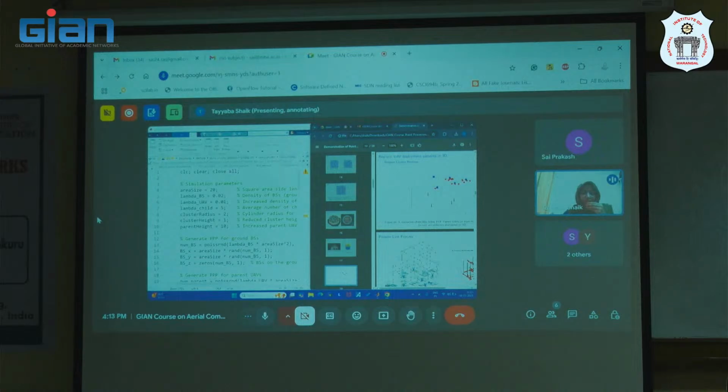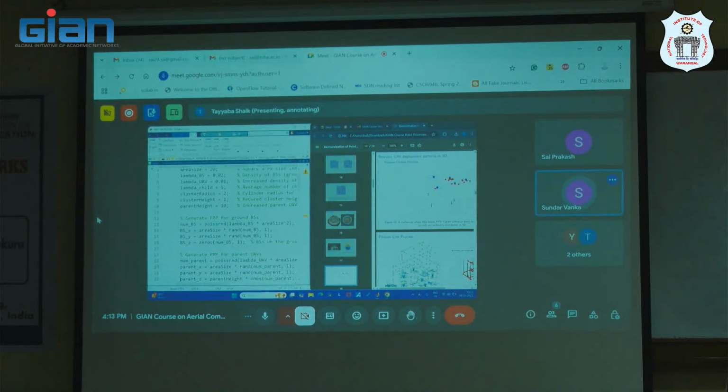We can determine the cluster radius, cluster height, and parent height. All these are parameters we can tune. One small correction: lambda UAV is 5, lambda child is 5, meaning the mean number of children per parent is 5 multiplied by the volume, which is pi times 2 squared times 1.